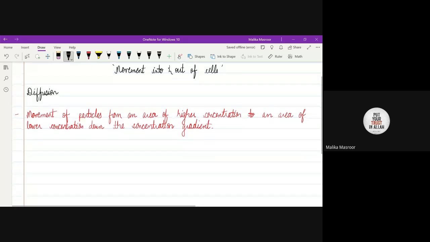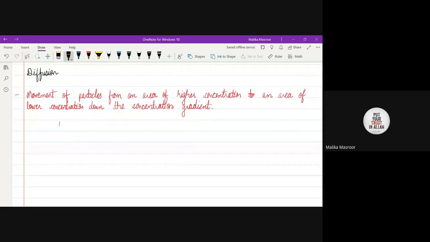If I draw a graph, they are moving down the concentration gradient. Over here you will have low concentration, and over here there will be high concentration. And this process does not use energy.